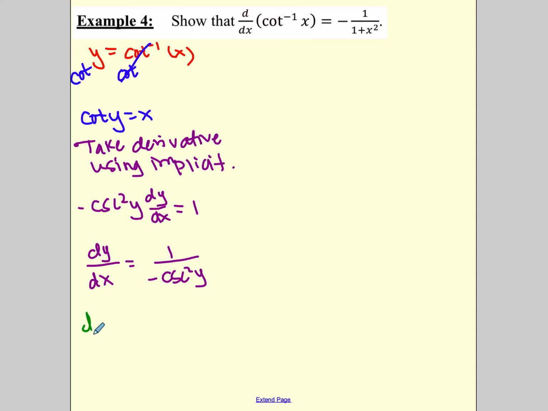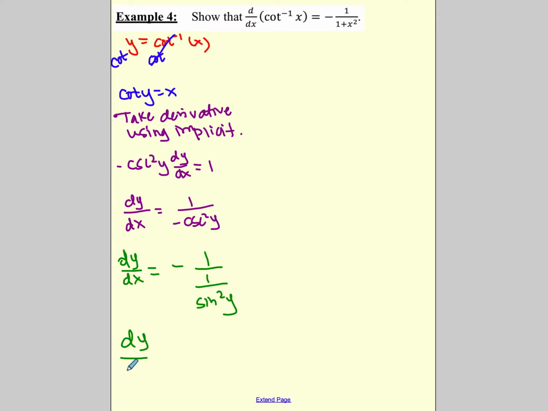So I would have dy dx is -1 over sine squared, my bad. So when I have a fraction within a fraction, I can flip and multiply. So my derivative dy dx is really equal to negative sine squared of y. Good, that looks great.